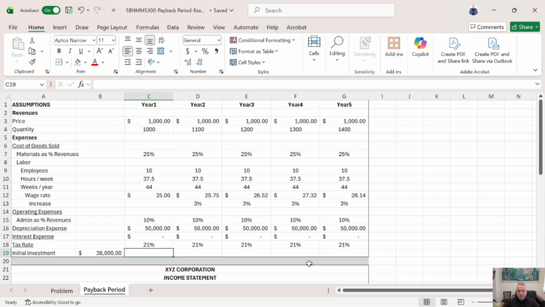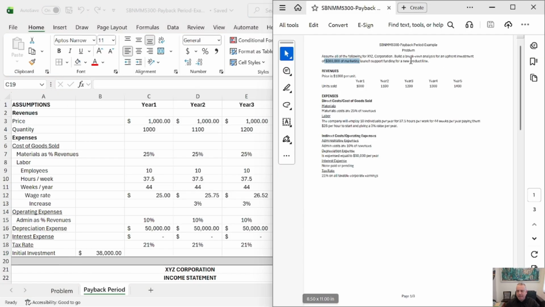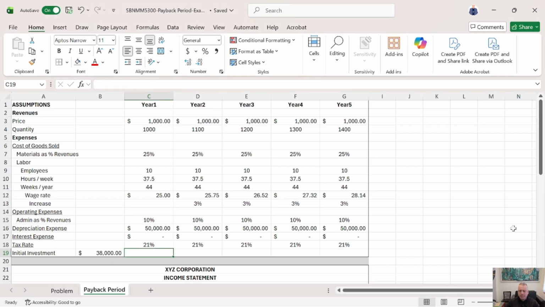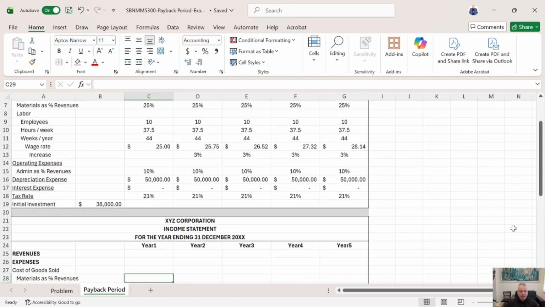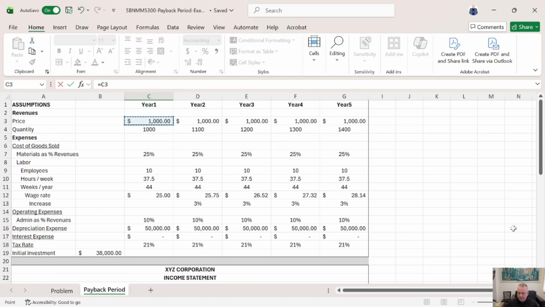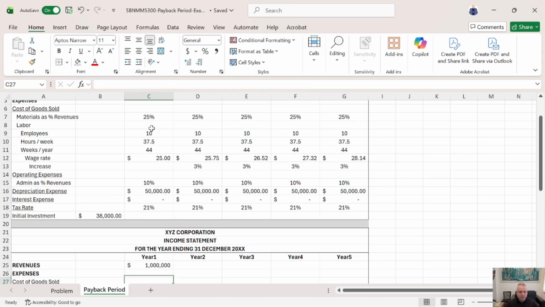Once those assumptions are fully built out and match this problem that has the assumptions given to you, let's move on to the income statement. Our revenues are going to be equal to our price multiplied by our quantity, and that will give us our revenue number.